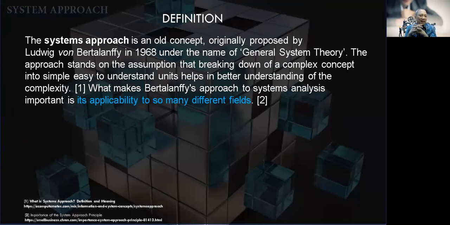It's an old concept actually, but this approach stands on the assumption that breaking down of a complex concept into simple, easy to understand units helps in better understanding of the complexity. So I put down there number one and two, actually the reference for where I took it from.